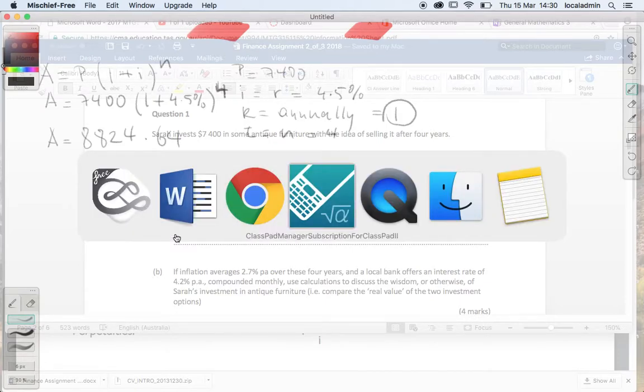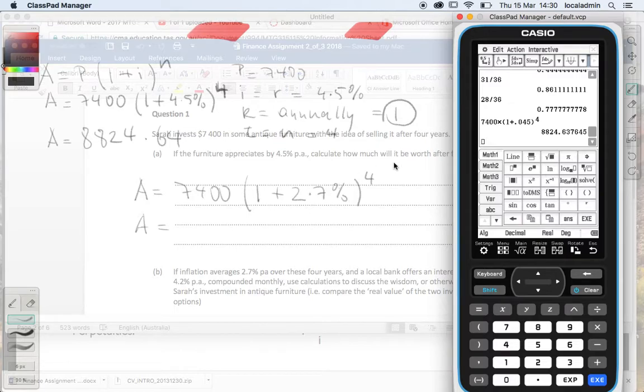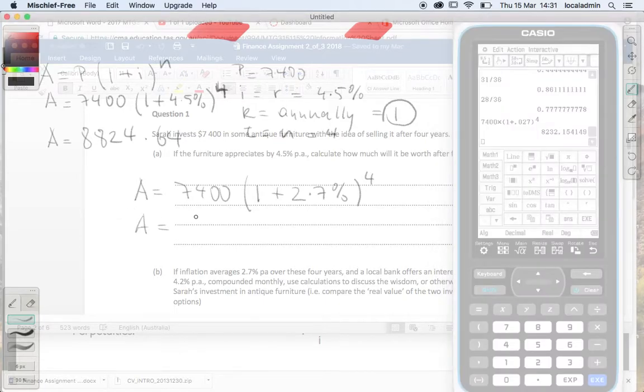So let's get our calculator. All I change here is this to 2.7%, which gives us $8,232.15.